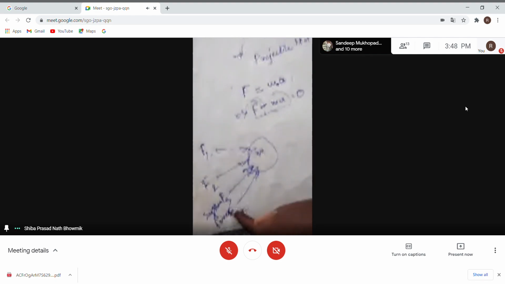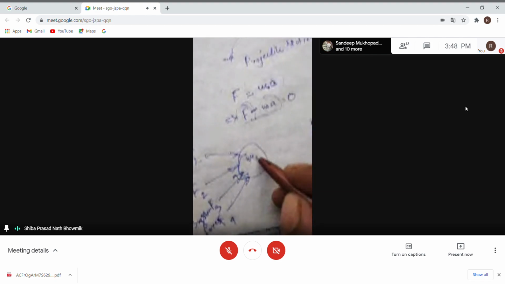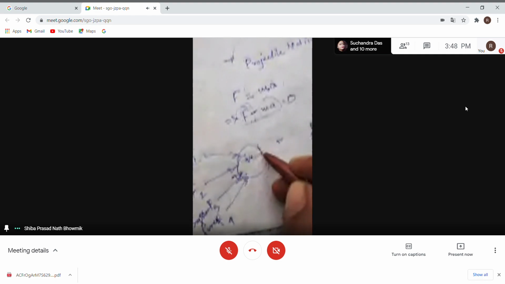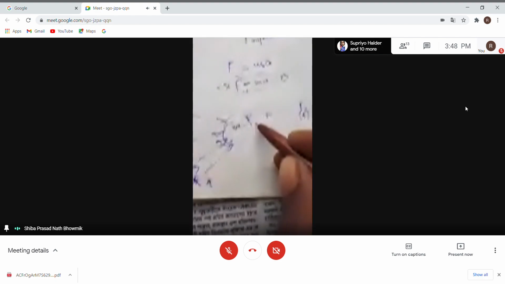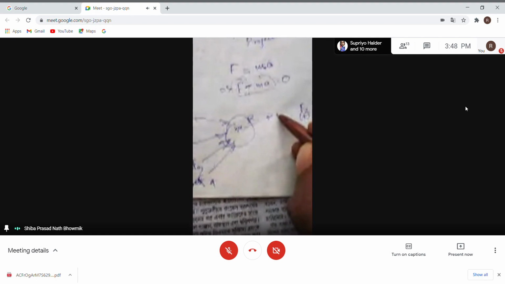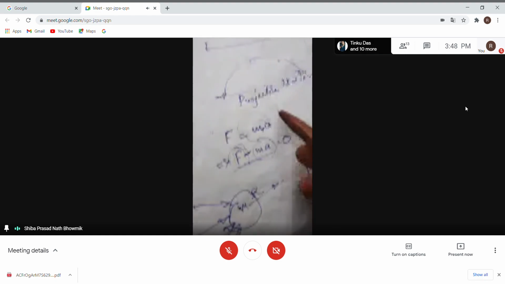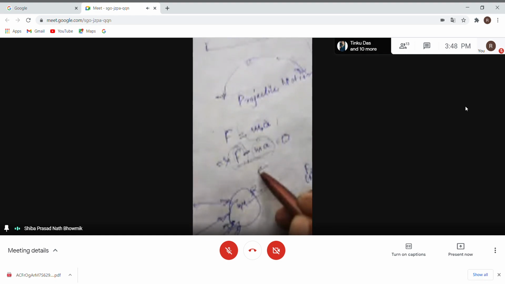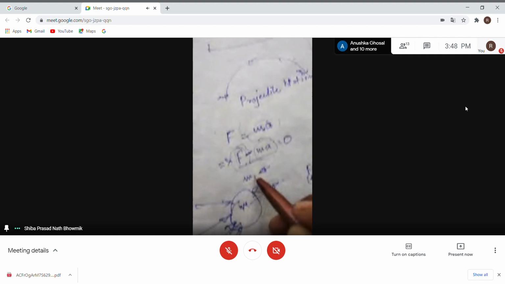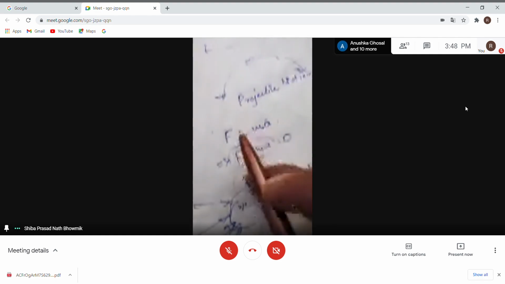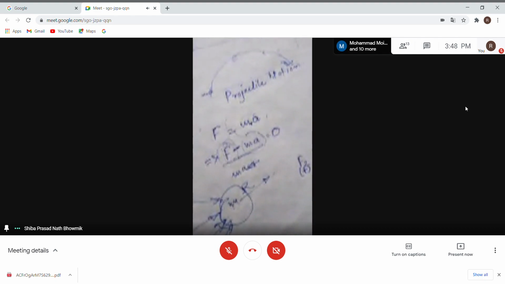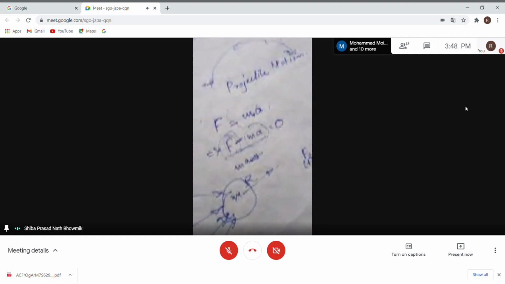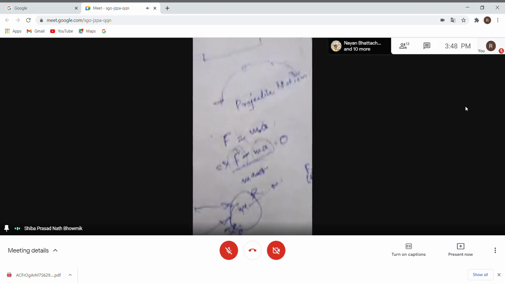And the object will move along the direction of the resultant of these system of force. এদের resultant এর direction এ objectটা move করবে। ঠিক আছে? And the inertia force will act opposite to it. এই হচ্ছে তার meaning. The inertia force will act opposite to it for the sake of dynamic equilibrium condition. বুঝলে?